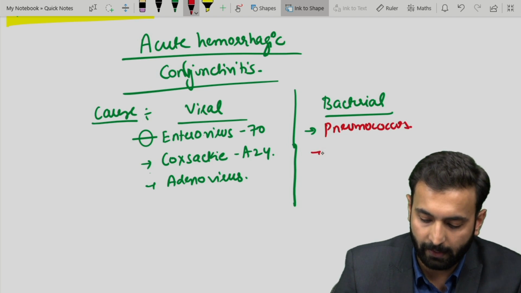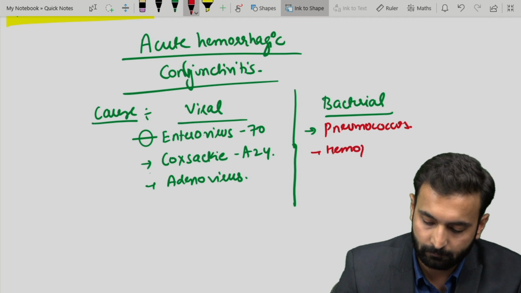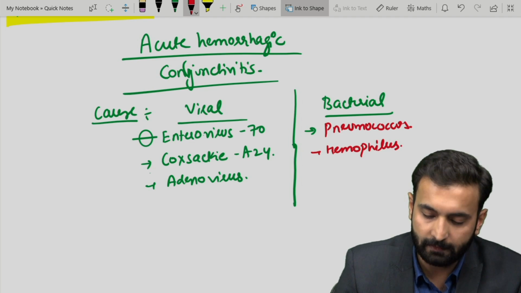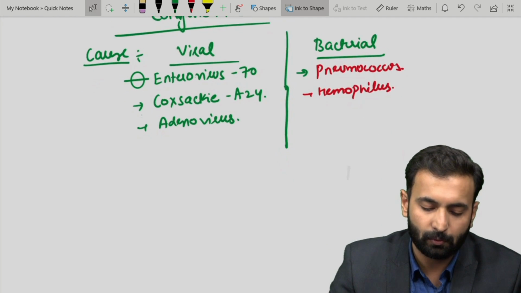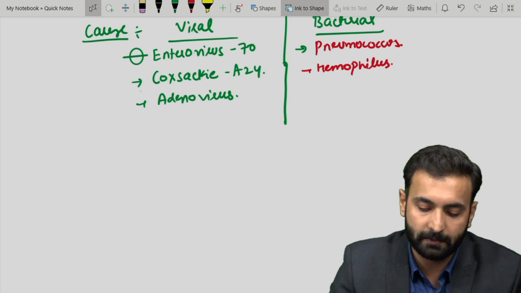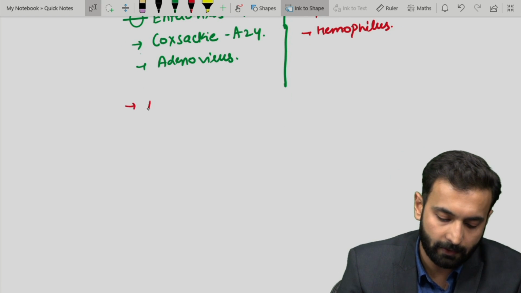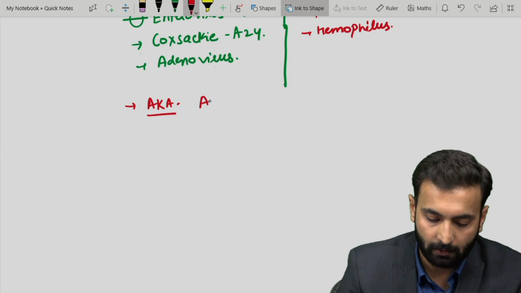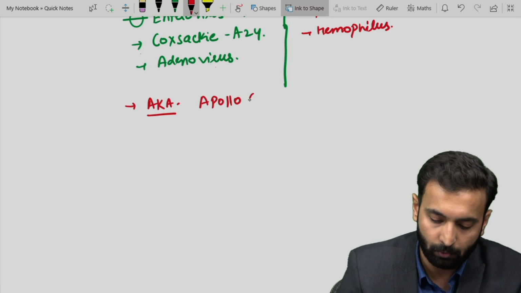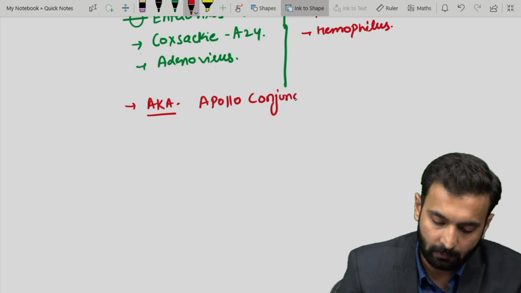Pneumococcus and Haemophilus. These are the two bacterial causes of acute hemorrhagic conjunctivitis. So let's discuss briefly what is hemorrhagic conjunctivitis. The other name of acute hemorrhagic conjunctivitis is Apollo conjunctivitis. It is also known as Apollo conjunctivitis.